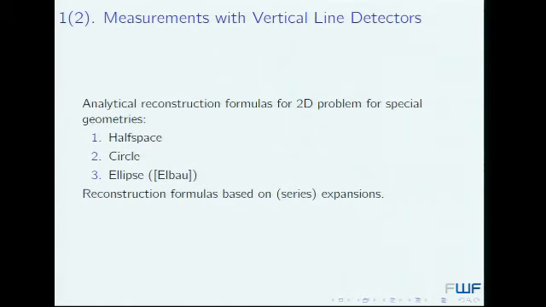Then you can do it along a circle, and which I guess has not been known so far, along an ellipse. But these are the same reconstruction formulas which you can also obtain from inversion of the spherical mean operator, which were already published in Linzer's work in the 80s, or Norton and Linzer in 81.